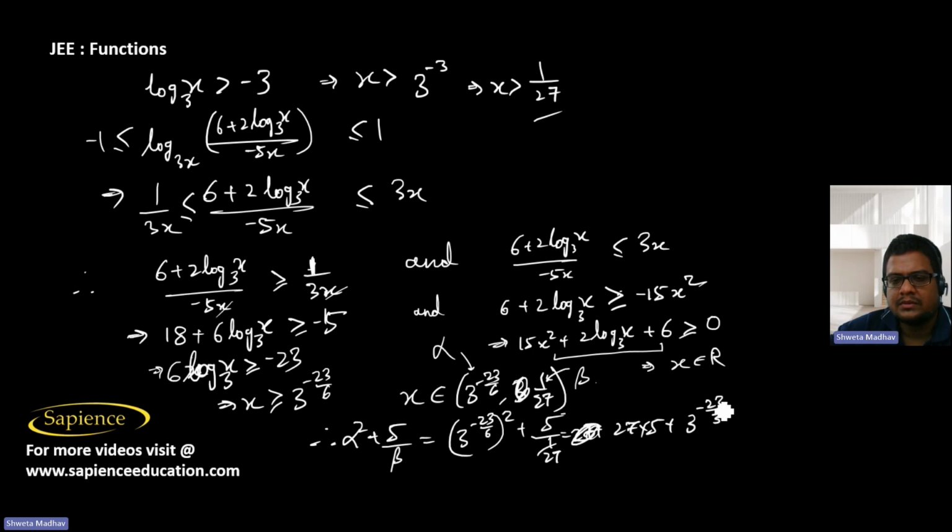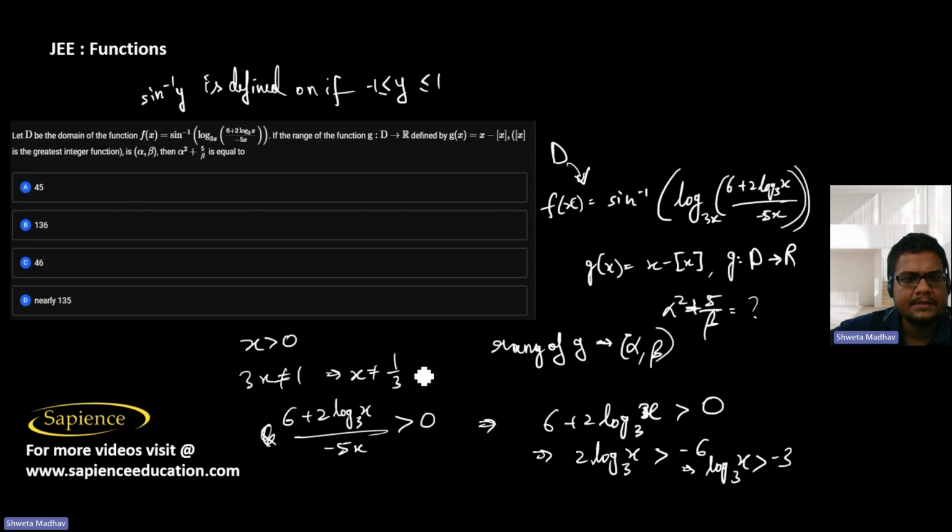This is a very small value, from 0 to 1. 5 sevens are 35, so we get 135 plus 0 point something.